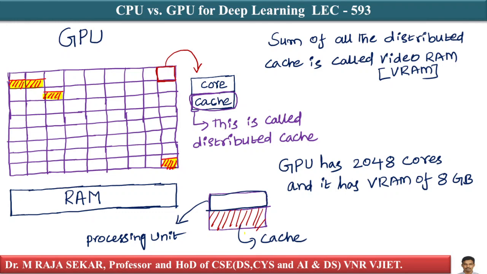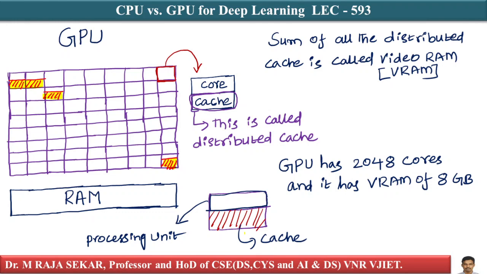And the way it operates is, whatever data the GPU operates on, first it will get it from RAM. It will distribute the data across all the cores in the best or optimal way, and you can mention in the program how to distribute this data.